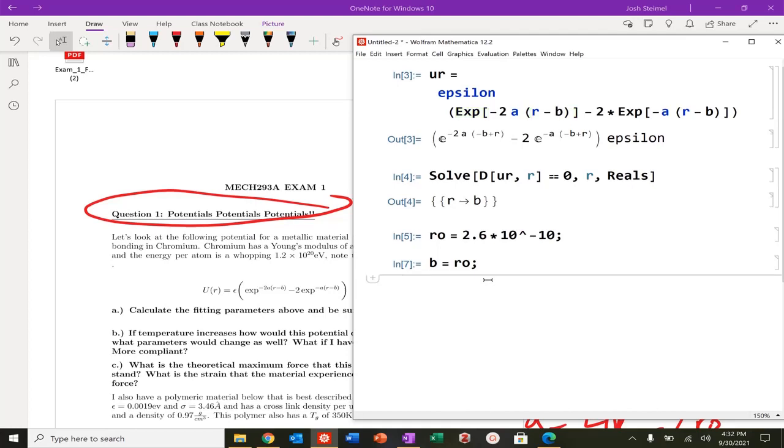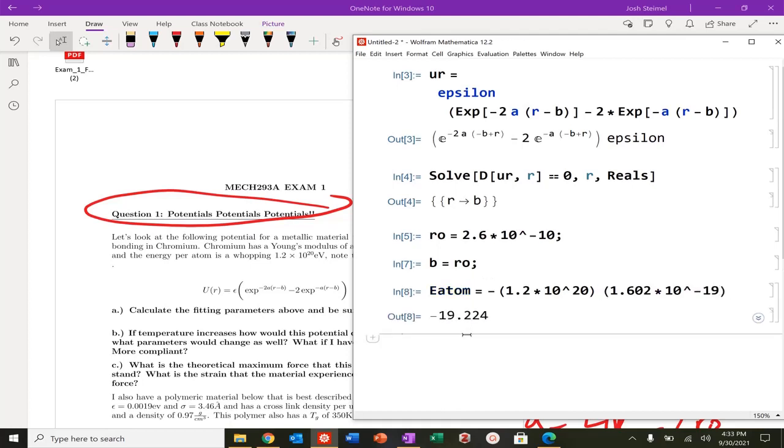Now we're told the energy per atom, so E atom is equal to negative 1.2 times 10 to the 20, and that is in electron volts. I need to multiply by 1.602 times 10 to the minus 19. So that's going to be my energy per atom.